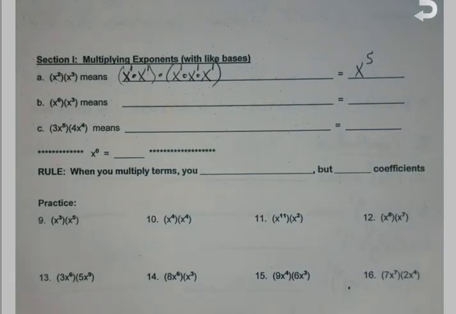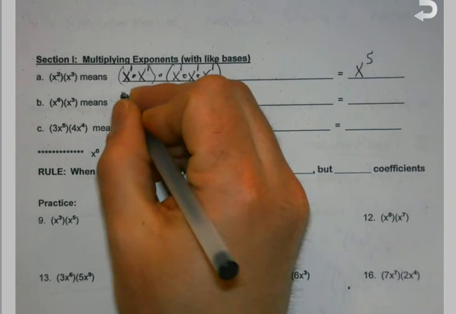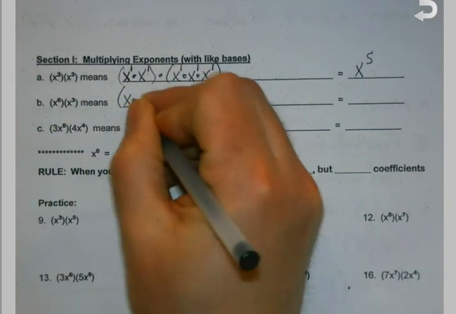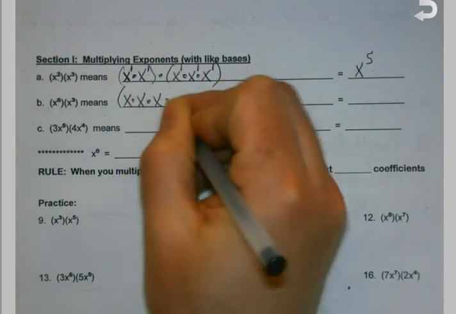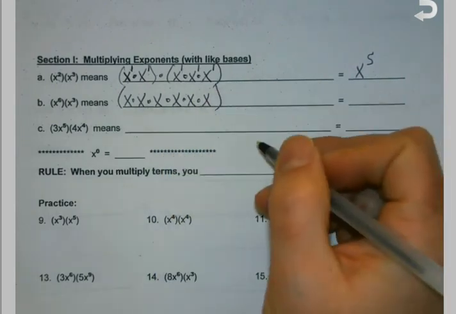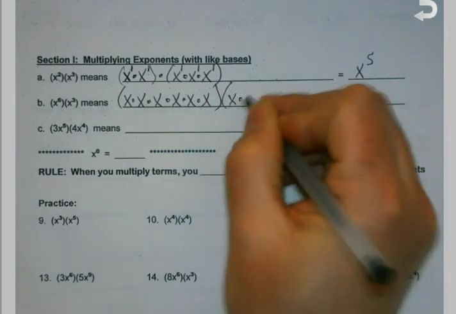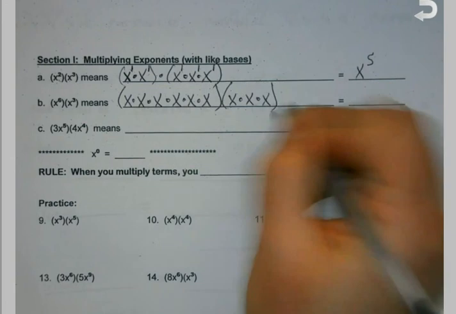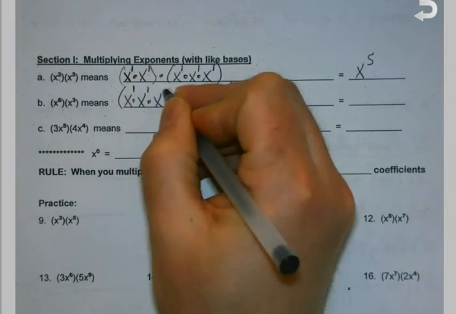And we might start to see, if we do this a couple of times, ooh, 6 x's. That's a lot of drawing. And again, we're just doing this right now to let you visualize what the rule is. We don't need to do this every time. That'll get tiring, and you're not going to have that much room most of the time either.